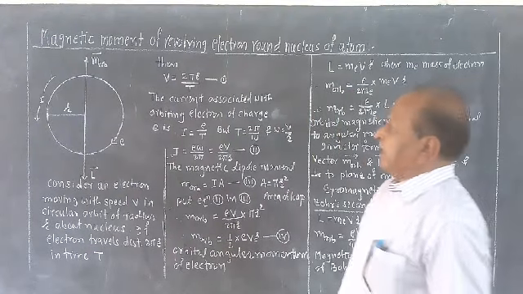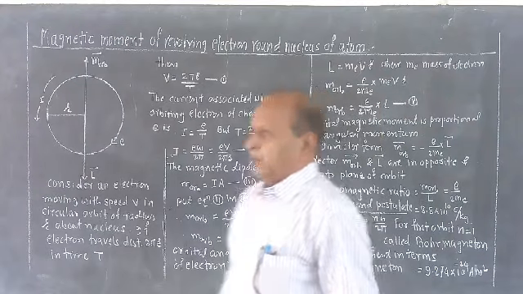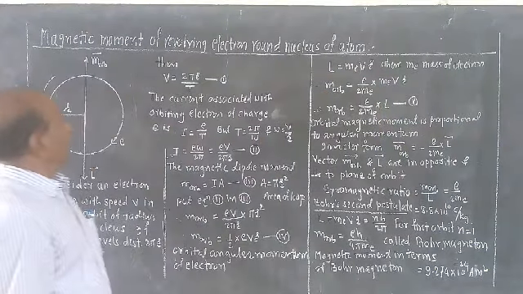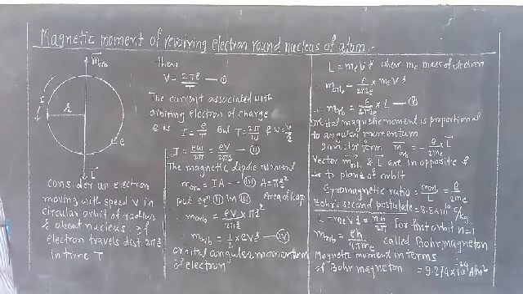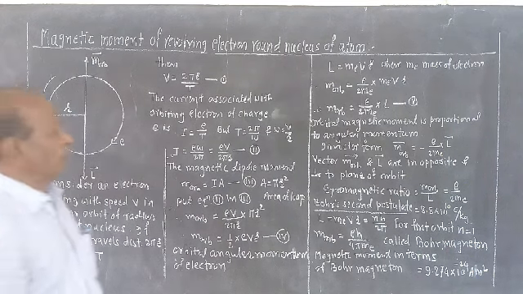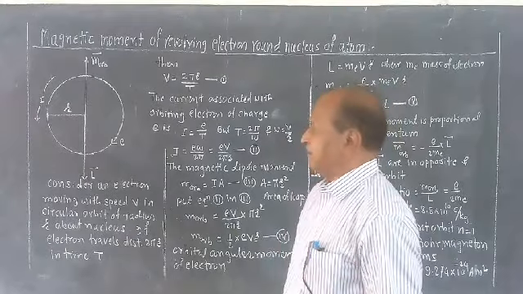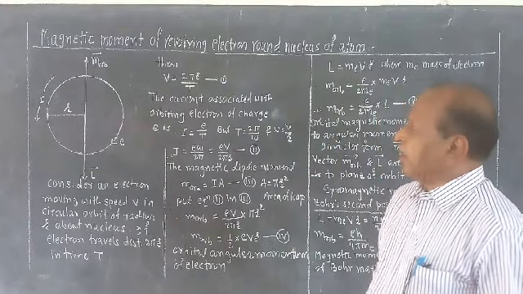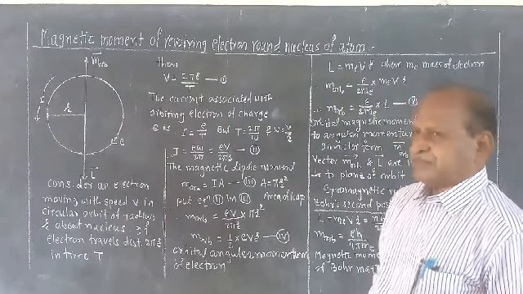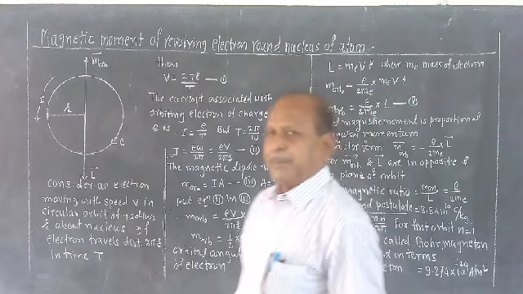Now in this period we have to study magnetic moment of revolving electron round the nucleus of atom. We have to calculate magnetic moment.